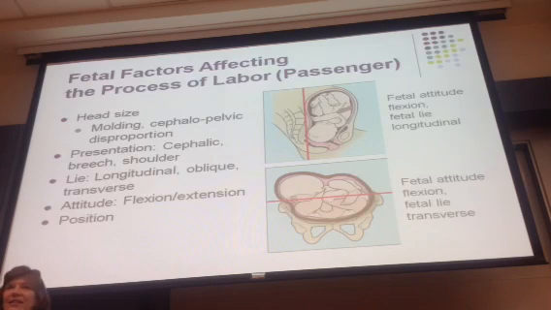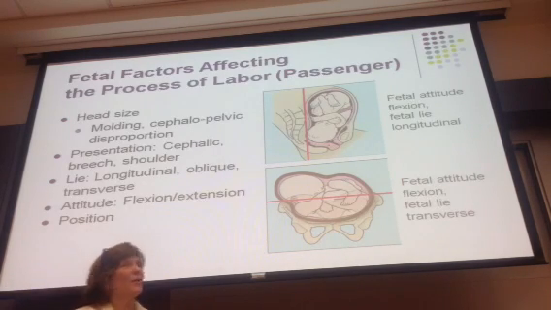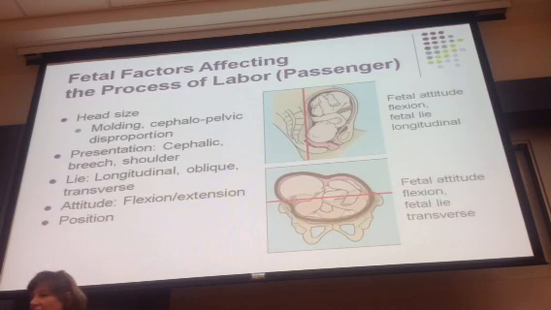And just as an FYI, in case any mom wants to know if they should be patting the head or rolling the head on the bed to make the shape come back, the answer is no. Just leave the head alone. The head will get round in about 24 hours or so. So we do have molding, and that does help fit the head through the pelvis. So that's a good thing.